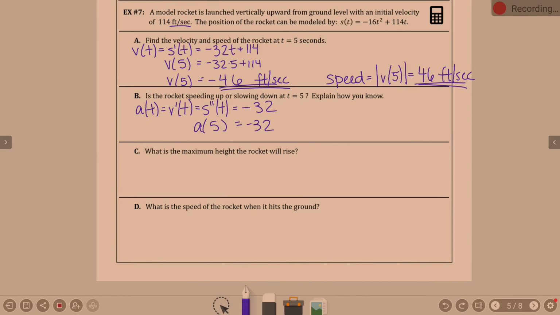Speeding up because the signs are the same. So, the rocket is speeding up, because the velocity at 5 is less than 0, and the acceleration at 5 is less than 0.